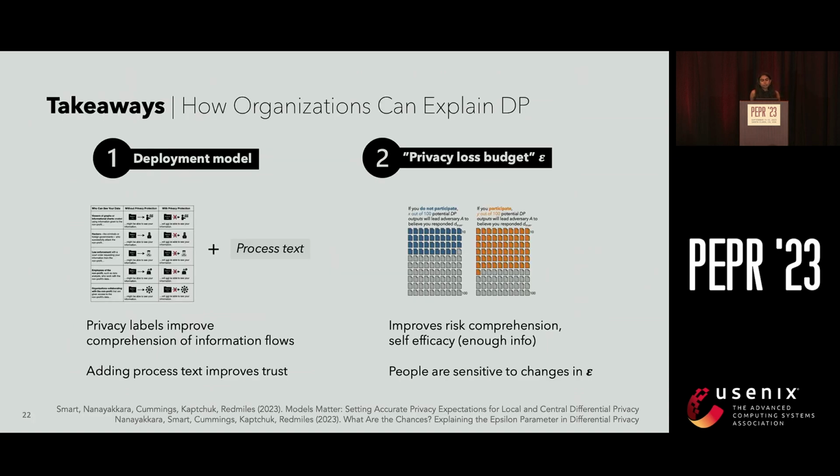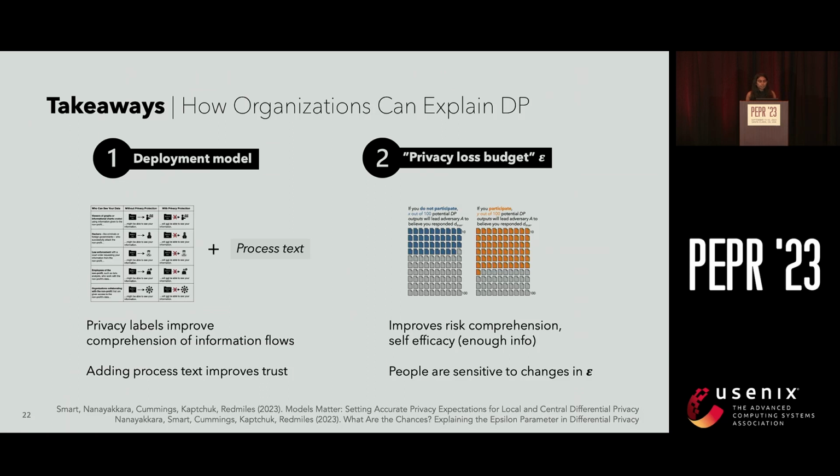So to wrap up, I'll summarize some findings that can help increase transparency with data subjects around DP. So in our first study, we investigated how to explain implications of the deployment model. We found that privacy labels are useful in conveying which information flows are restricted, and that adding text describing process additionally improves trust. And in our second study, we developed explanation methods for epsilon.